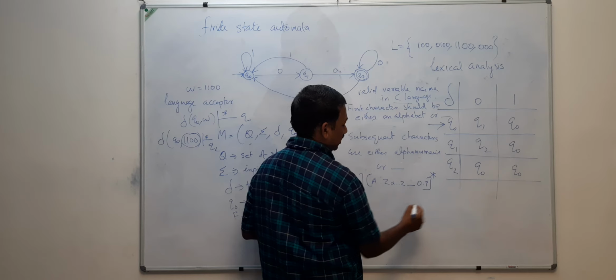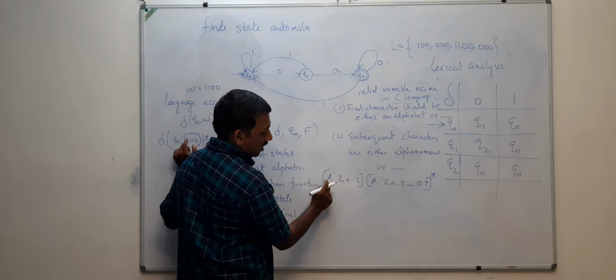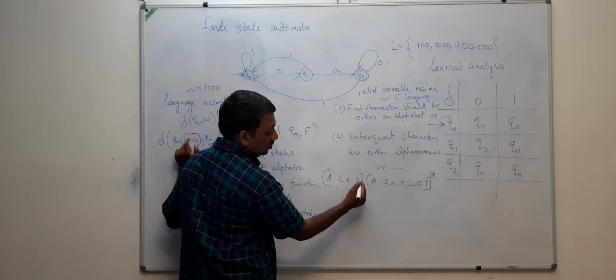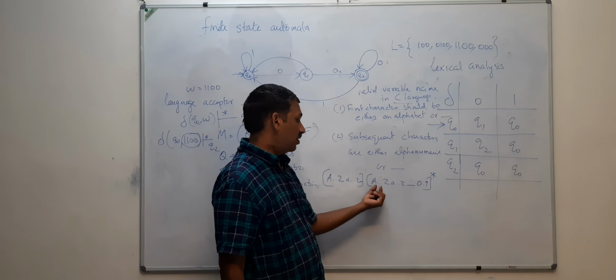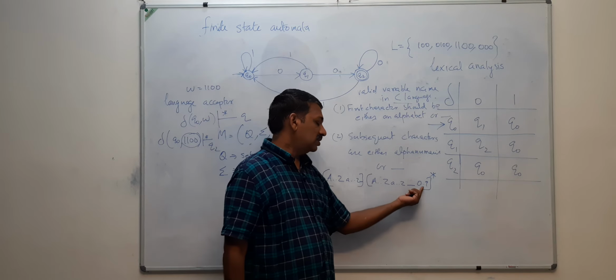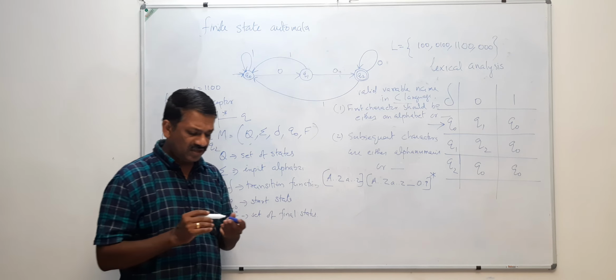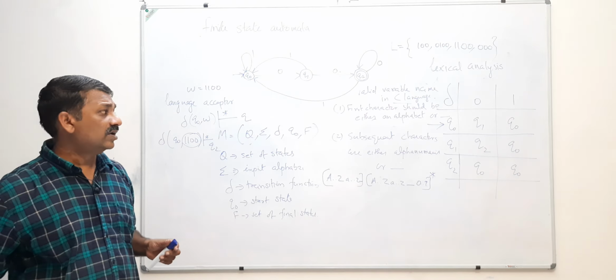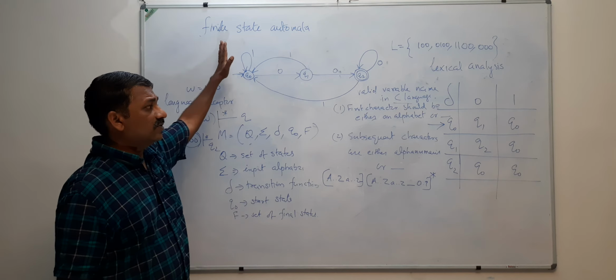The star means that after the first character, you can have any letter or digit or underscore. That's a valid variable name in C language. So for generating this also we are using finite state automata.